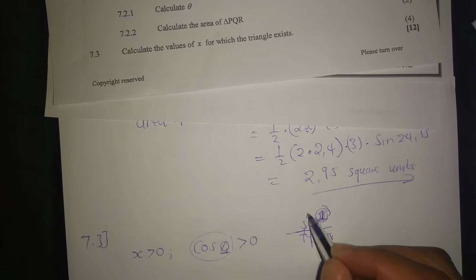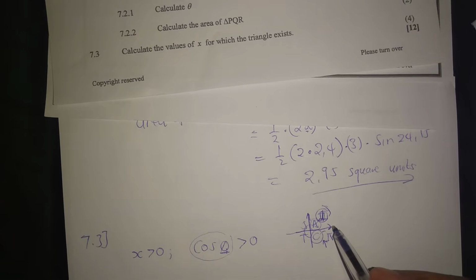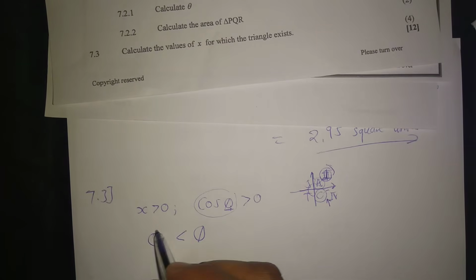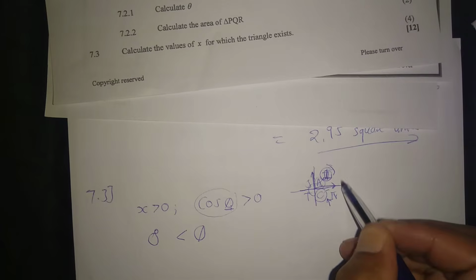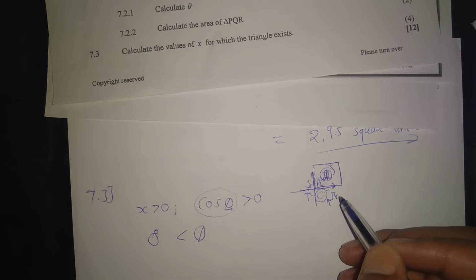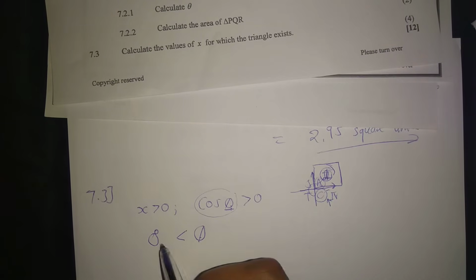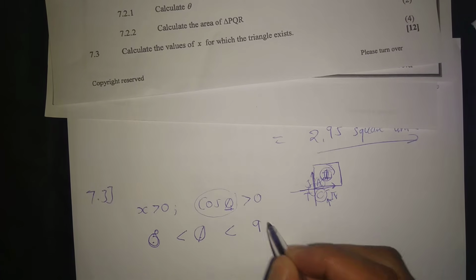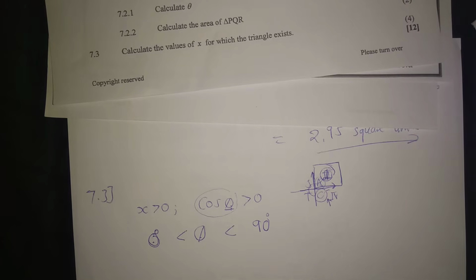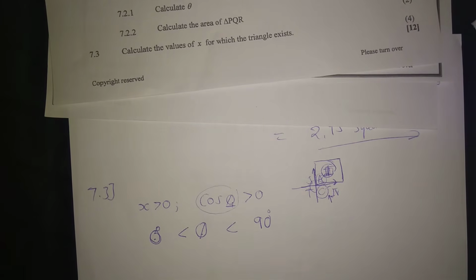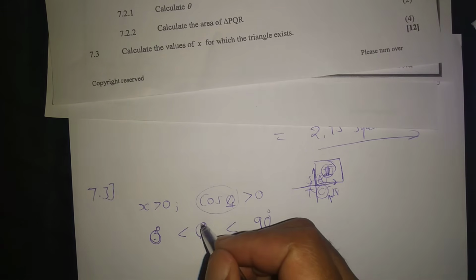So with the parameters we defined, theta must be between 0 degrees and 90 degrees, so our solution lies in the first quadrant.